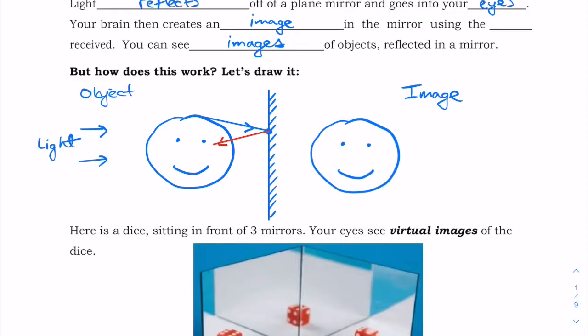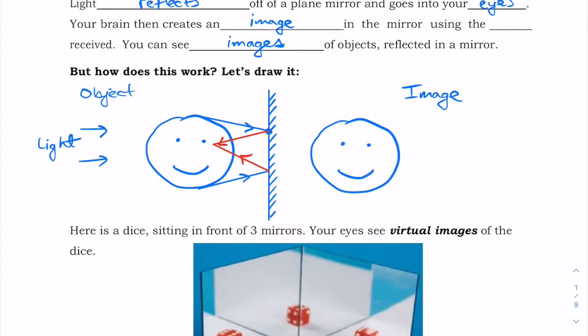And it'll enter your eye. Let's also say that another ray from the bottom of your face, your chin, is coming up like this. It reflects off of the mirror at the same angle it came in at and eventually makes its way to your eye.